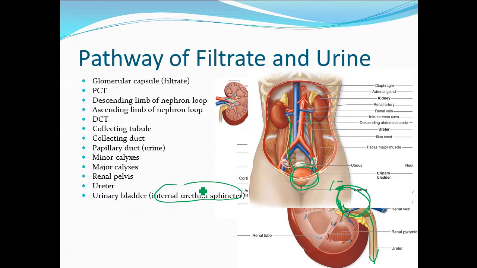Urinary bladder, how does it go out? Urethra, okay. If we're talking about male, it will first go through the prostatic urethra, good. Then through the membranous urethra, and finally the spongy urethra. Okay, good.